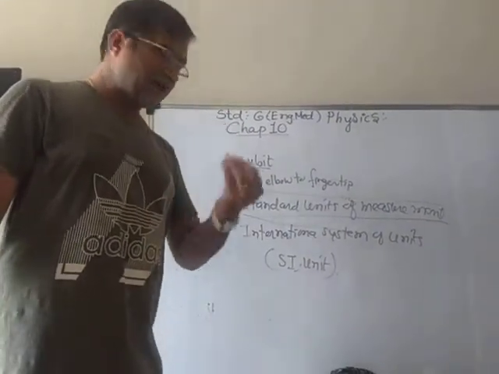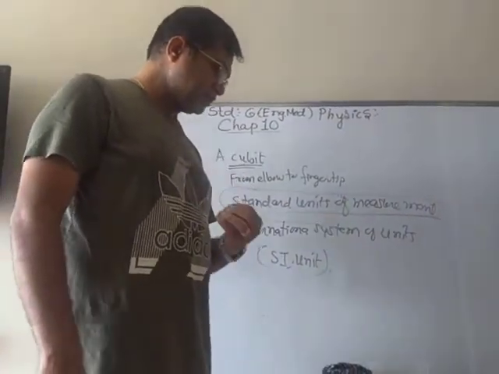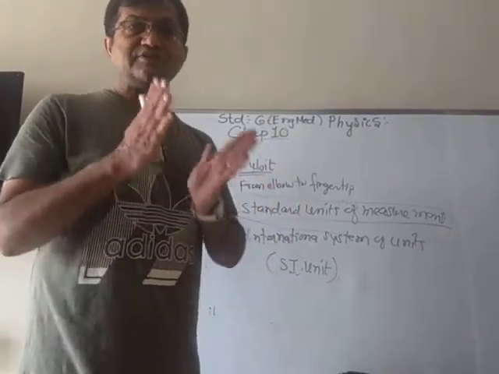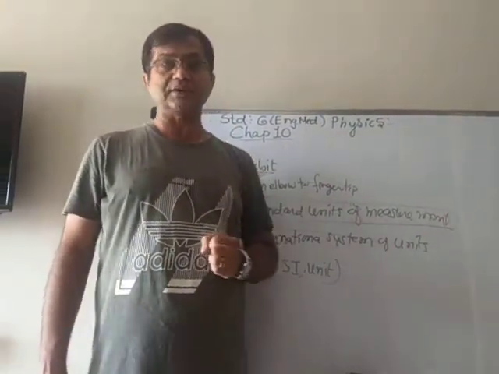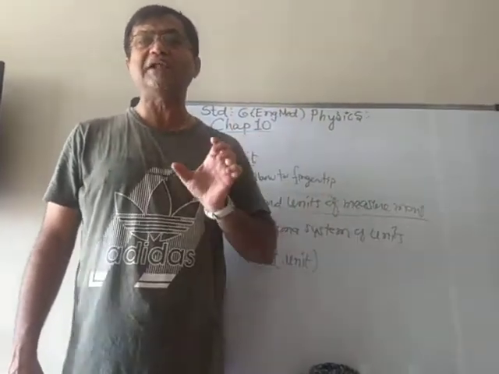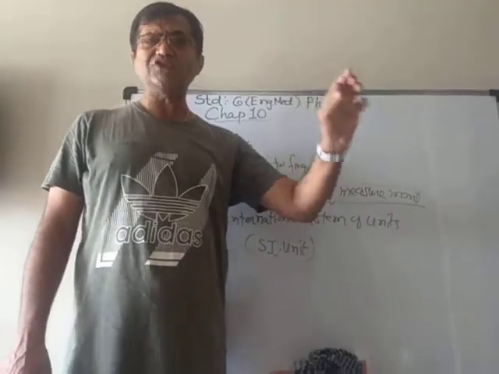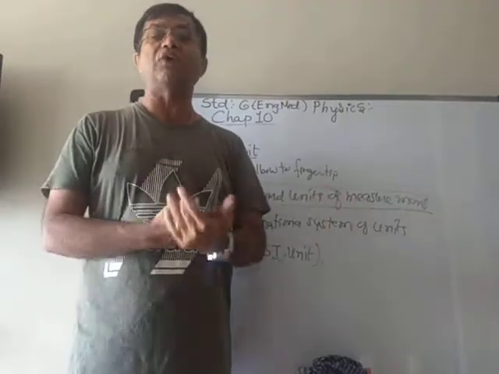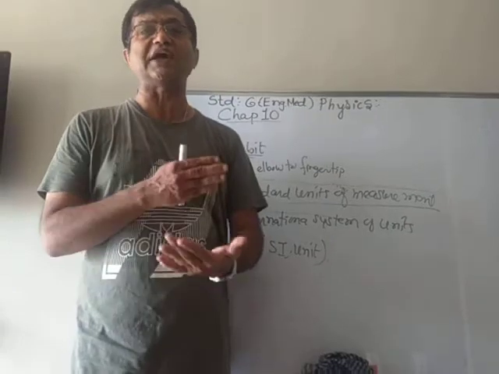So, for example, if we talk about length, the SI unit of length is the meter. Meter is divided into 100 equal parts, which we know as centimeter. Now, if you measure 5 centimeter in India, or in America or Russia or anywhere in the world, the 5 centimeter will be exactly 5 centimeter everywhere.